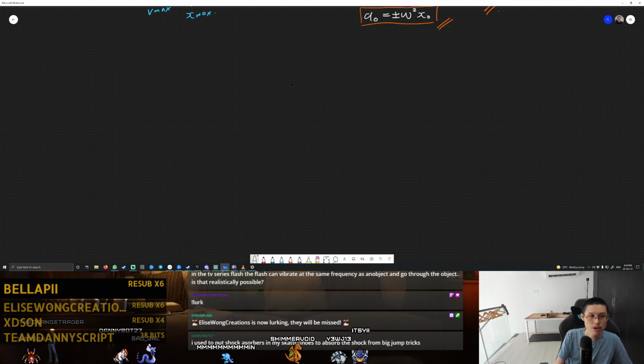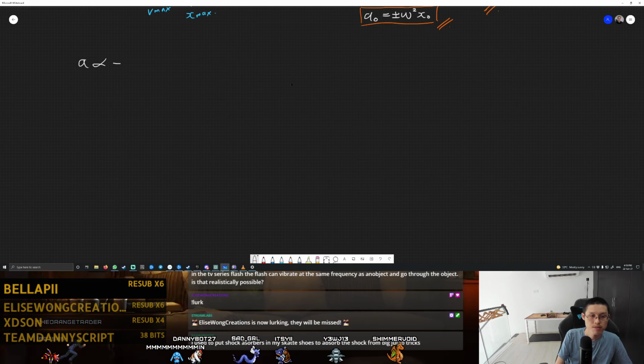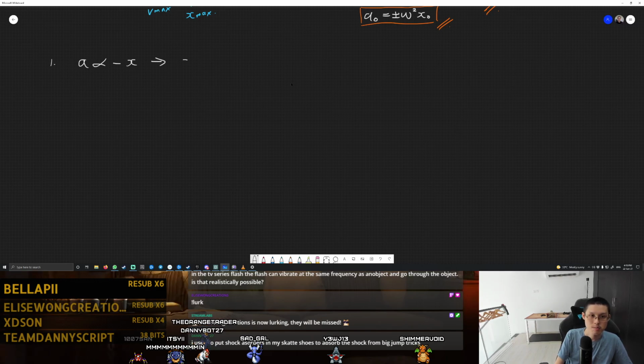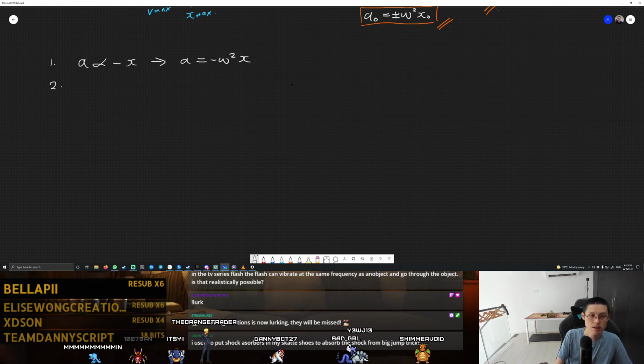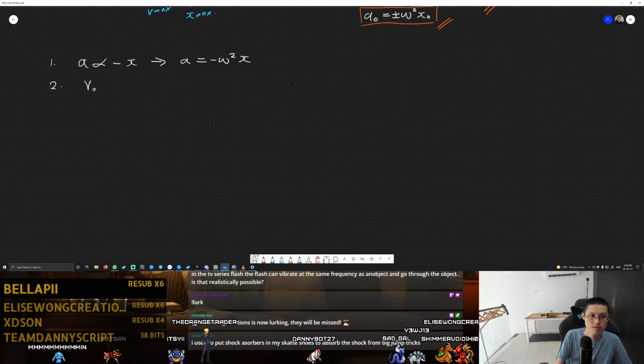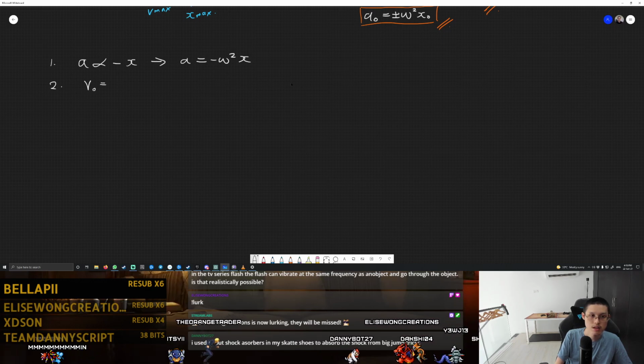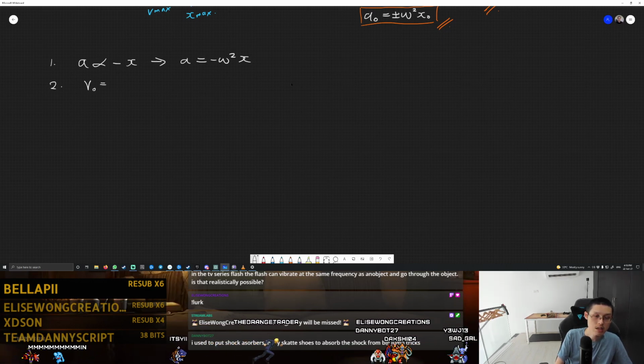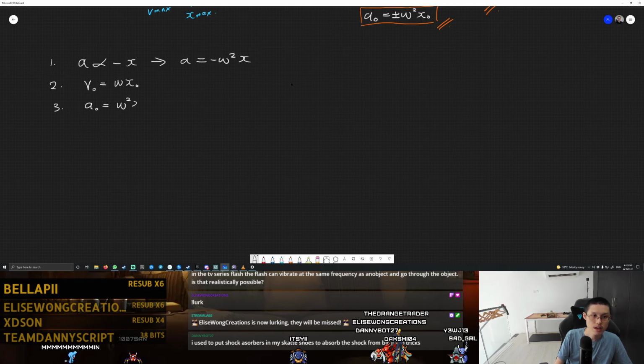So we know that for a simple harmonic motion, the acceleration is proportional to the displacement from equilibrium, and this is the characteristic equation for simple harmonic motion. We also know that the maximum speed is going to be omega x naught, and the maximum acceleration is omega squared x naught.